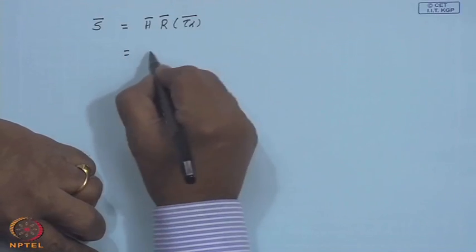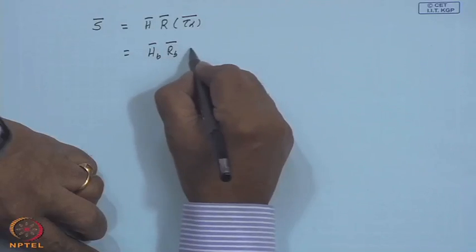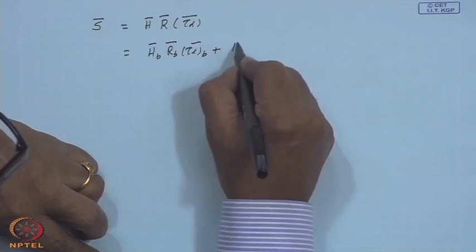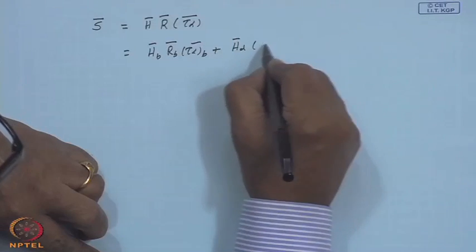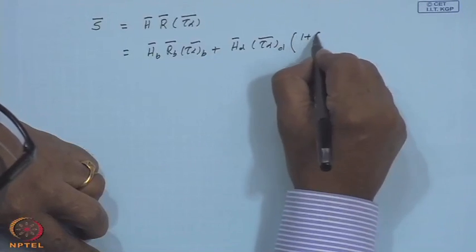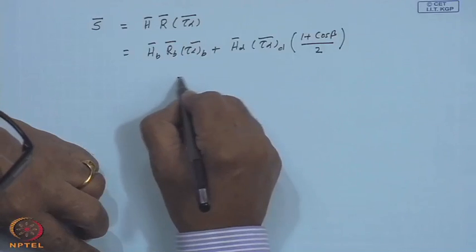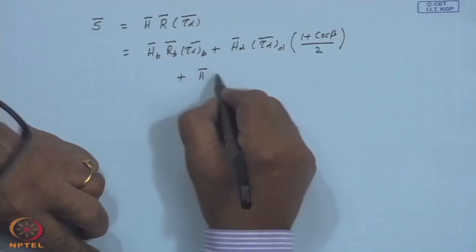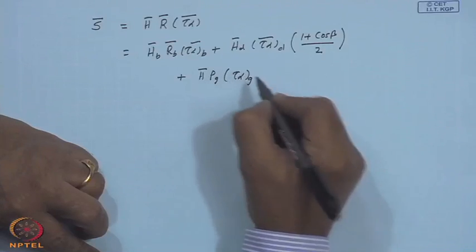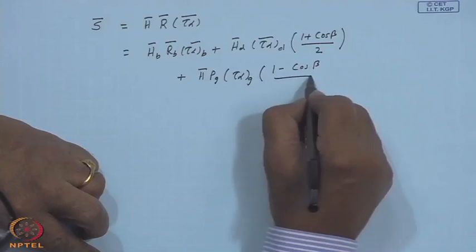So, this should be equal to the beam component H B bar R B bar tau alpha bar B plus the diffuse component H d times 1 plus cos beta by 2 plus H bar into ground reflectivity into tau alpha for the ground reflected radiation times 1 minus cos beta by 2.